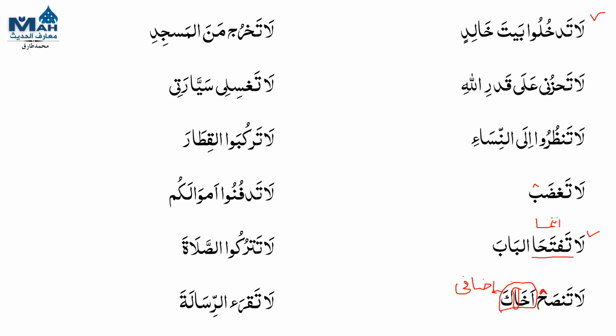Isn't it a noun from the Asma Khamsa, akhun, abun? No, this is not a musanna, but a noun from the Asma Khamsa, which changes its vowel according to the situation. Now it is in the nasab form because it is the maf'ul. Akhu, akha, akhi, right? You have to take care of all these things too.